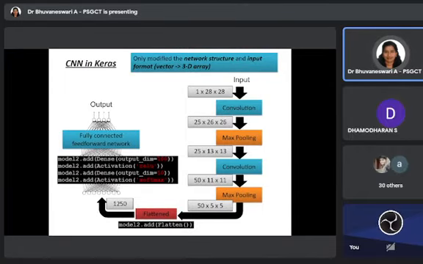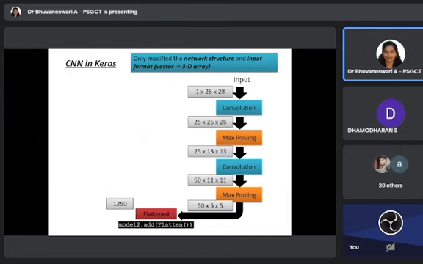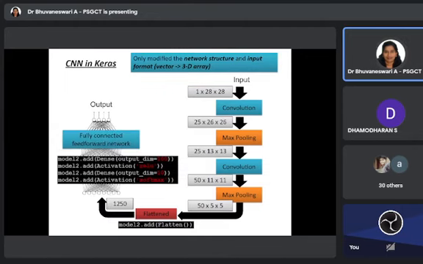Then you apply the softmax function again to optimize the output. This is how you come out with the prediction of the outcome. So this is one simple example of how you implement a CNN model for the image recognition process.